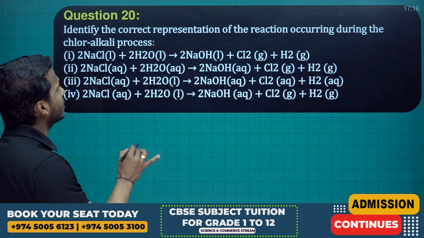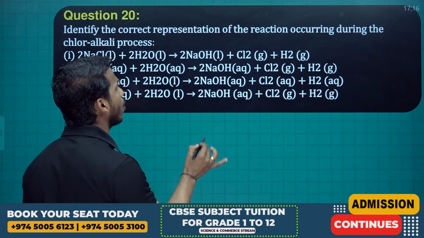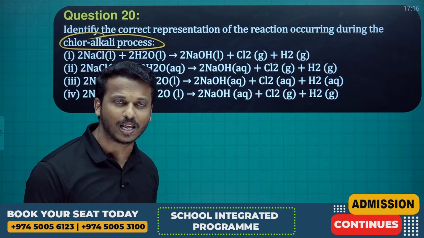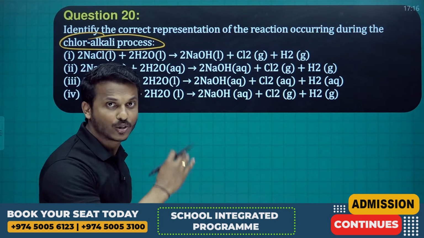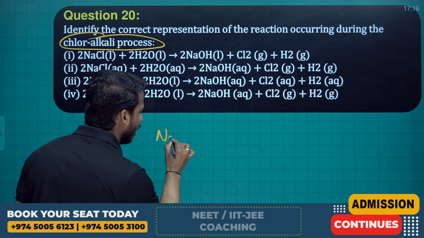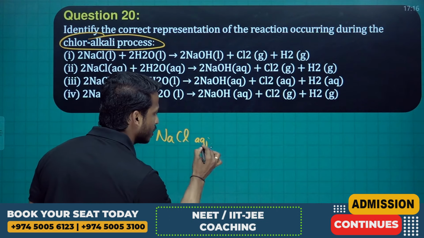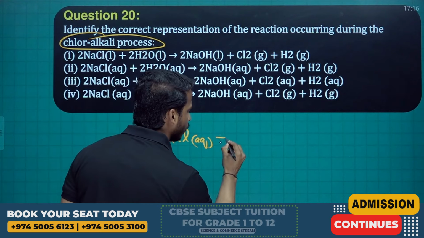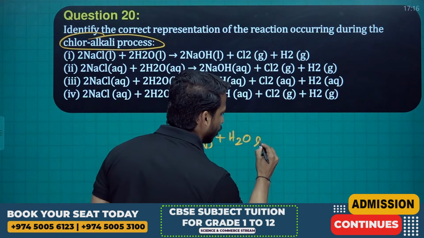And identify the correct representation of the reaction occurring during the chlor-alkali process. Dear all, what is the chlor-alkali process? We take brine solution first. What is brine solution? Aqueous sodium chloride, NaCl.